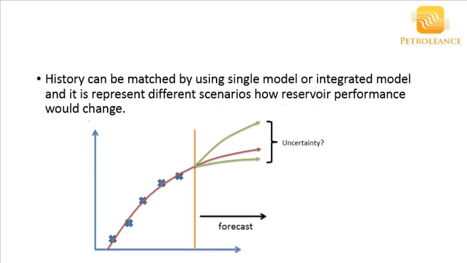History can be matched by using a single model or an integrated model, and it represents different scenarios of how reservoir performance would change. For example, in this picture we see the historical data in the red line, and our two scenarios in green. There would also be uncertainty: how our production data would change, how our water cut would change.